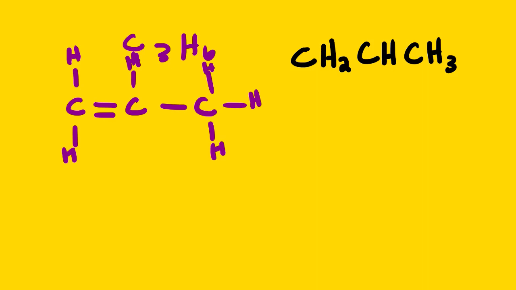And then looking at the skeletal structure of this, we are going to have something like this. Then we have to represent this pi bond, so we can simply put it here. Then looking at the carbons, this will be the first, second, and third.